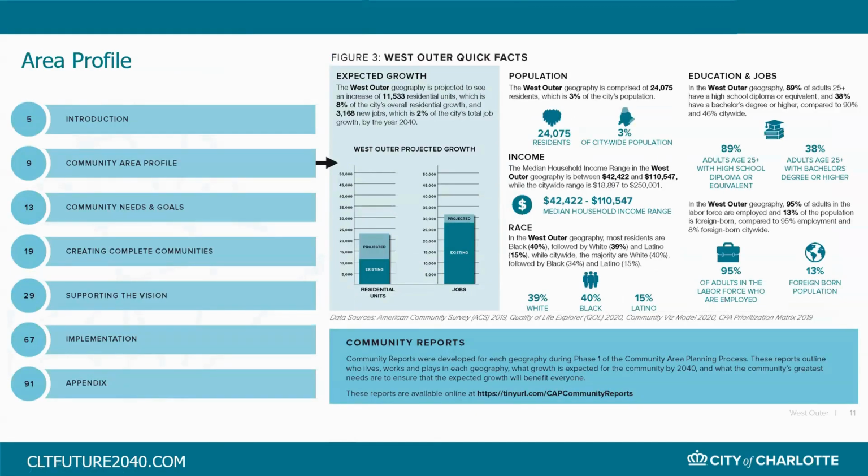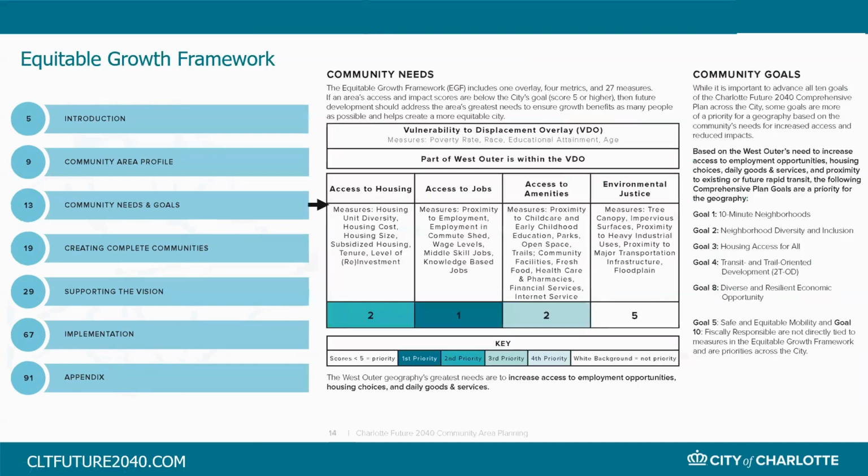Each plan begins with an overview of the area's profile, including a summary of projected residential units and new jobs, as well as a comparison of local demographics to citywide demographics. The next chapter outlines the geography's greatest needs and prioritized goals.